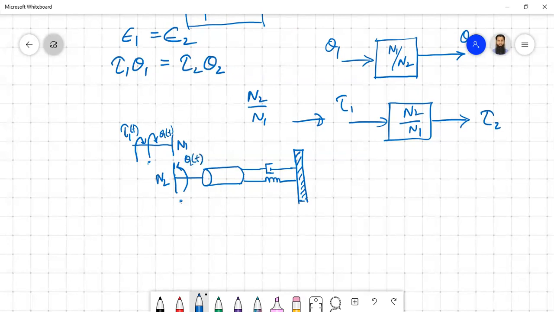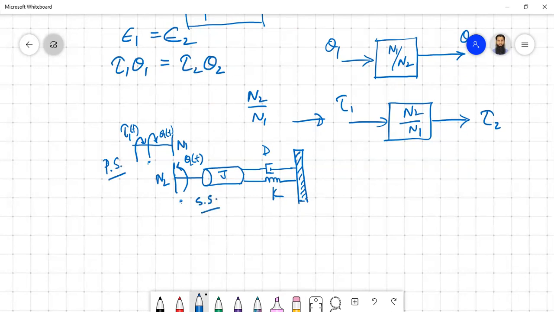Now you have to find the formula for impedance matching. We already said it will be the teeth ratio squared, but let us try to see how to derive it. This is your J, this is your D, this is your K. Now there are two options. To make it similar to the electrical case, we say this is your primary side and this is your secondary side.